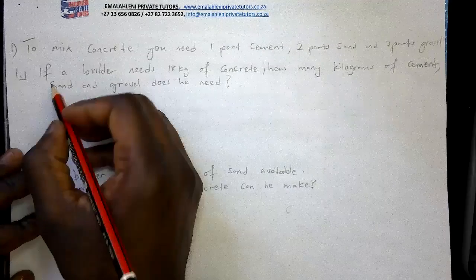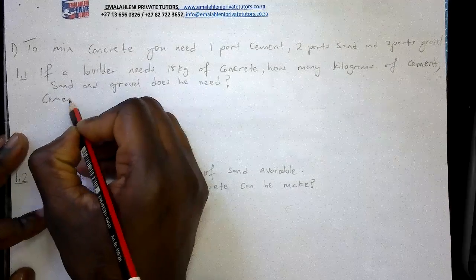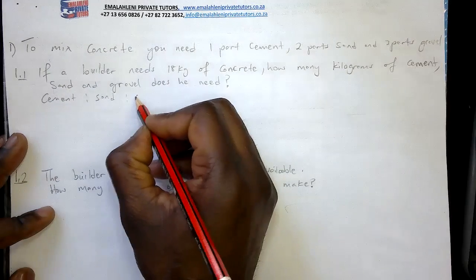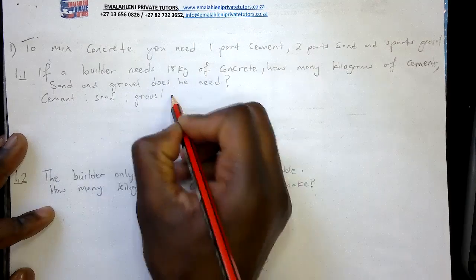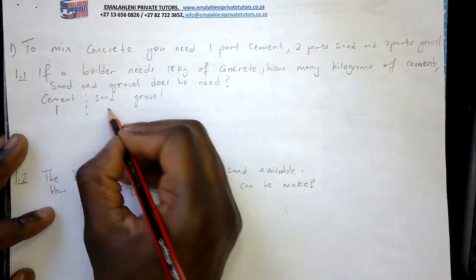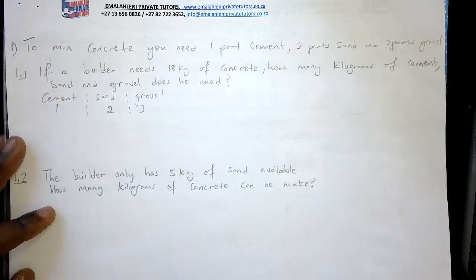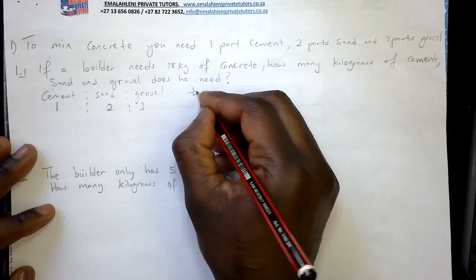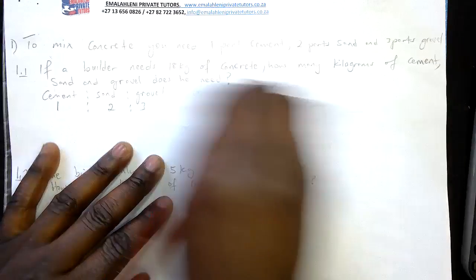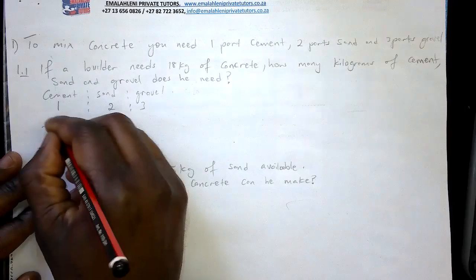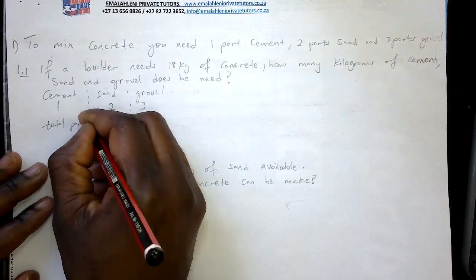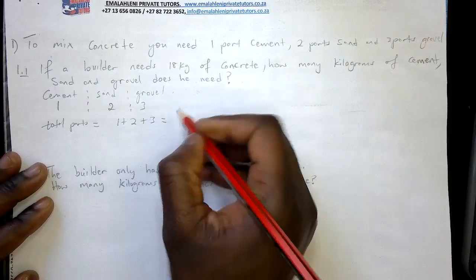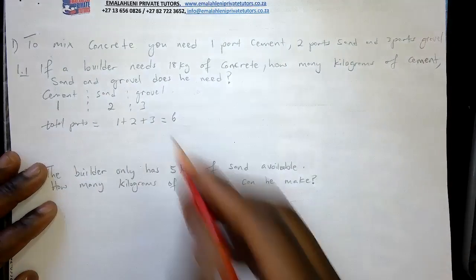So here we know cement, sand, gravel are in the ratio 1:2:3. So again, what do we do? Total parts equals 1 plus 2 plus 3, which gets 6. So total parts is 6.